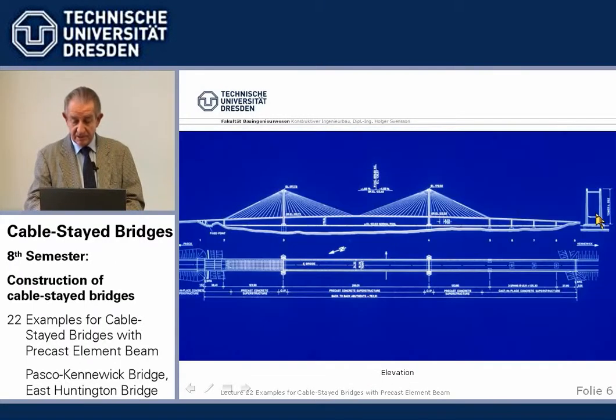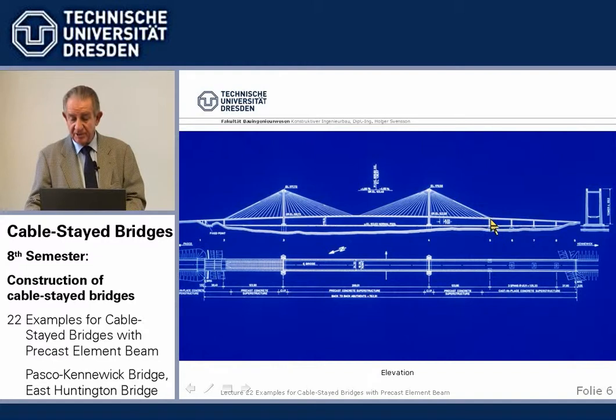Now, at this place, we have the so-called hold-down piers, very important, because the most important cables, the backstay cables, which govern all the behavior of the bridge, are vertically anchored here. The horizontal component goes into the beam, but the uplift forces go into the hold-down pier.